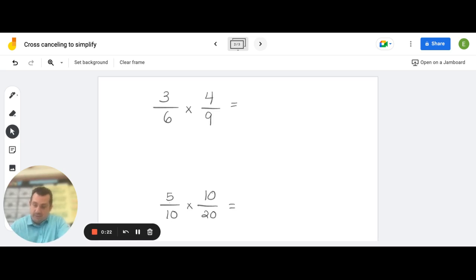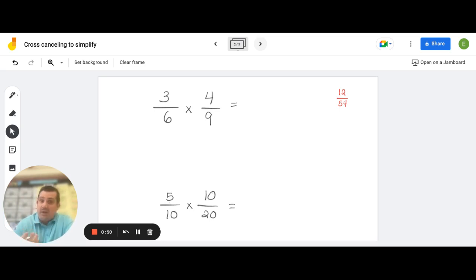So we see right here, we would be multiplying right across, 3 times 4 and 6 times 9. And if we did that, it would be 12 over 54. And now I'd want to find a common factor between your 12 and your 54.